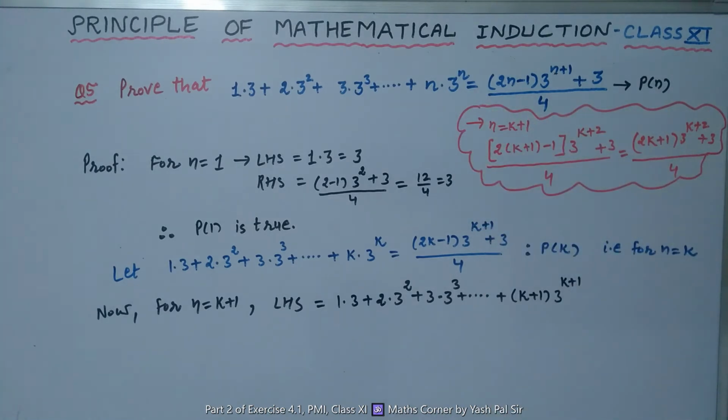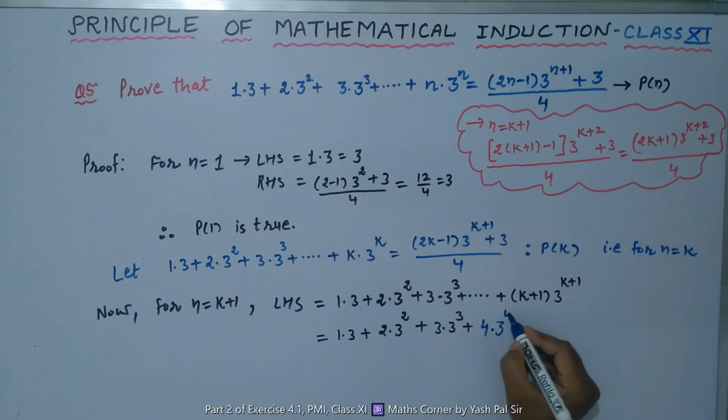How are we proceeding? We just write the left hand side here. This can be written as 1 into 3 plus 2 into 3 raised to power 2 plus 3 into 3 raised to power 3. Now can you guess the next term? 1, 2, 3, so next should be 4, that is 4 into 3 power 4.